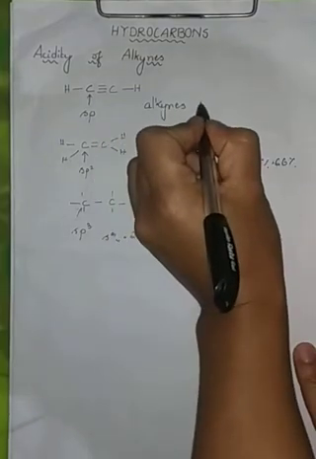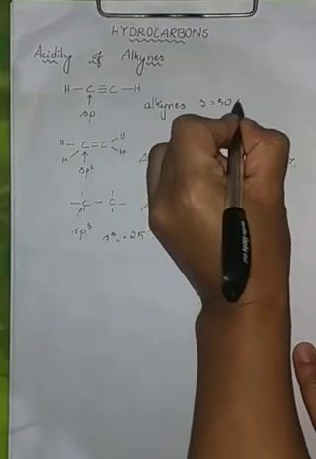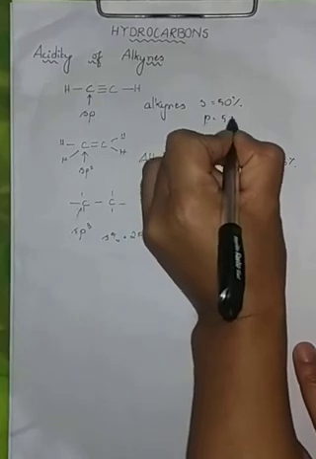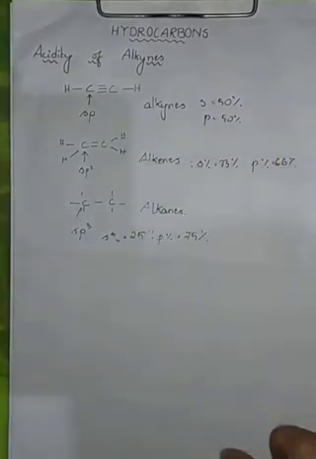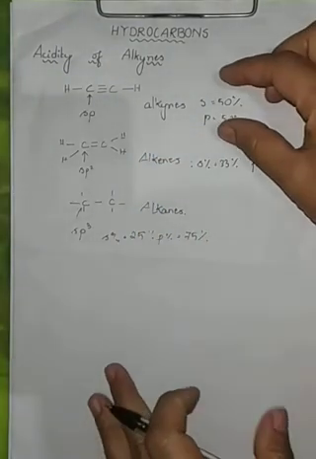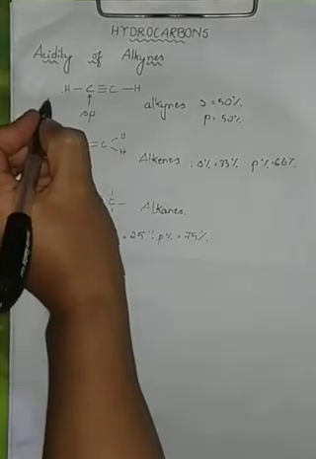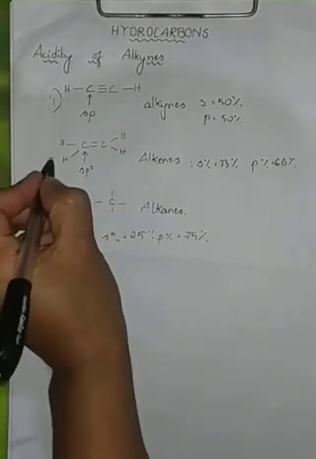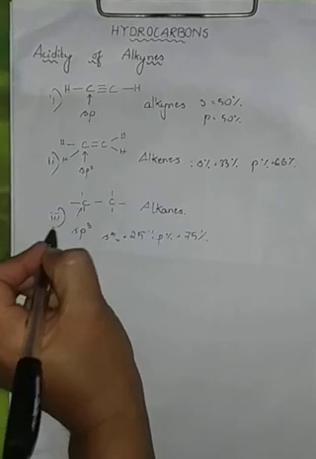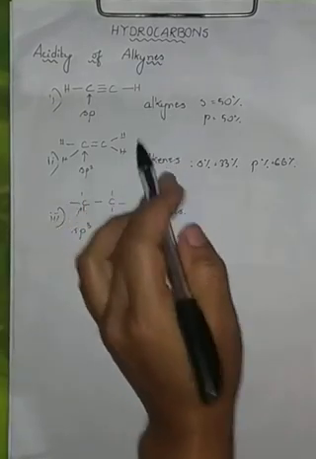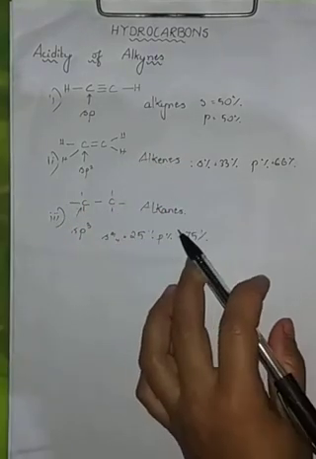In alkynes the S character is 50%, and the P character is 50%. Therefore, comparing all three hydrocarbons, the S character of alkynes is more than that of alkenes and alkanes.